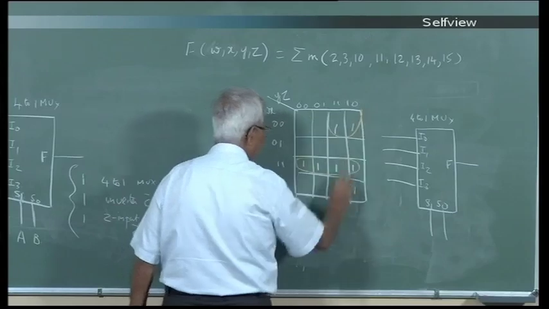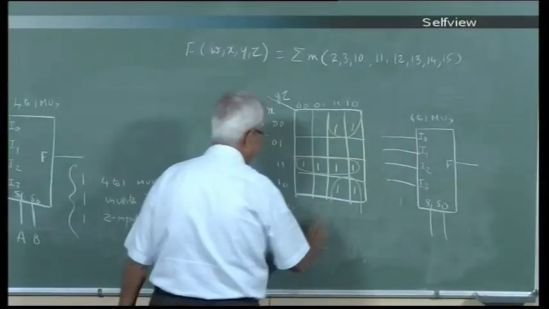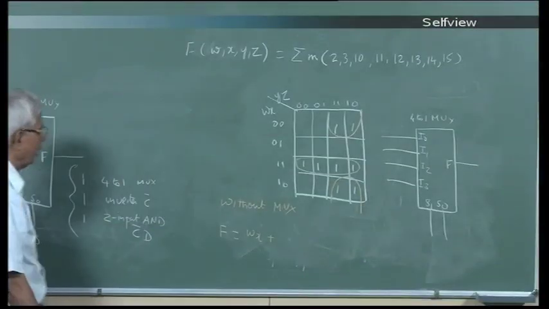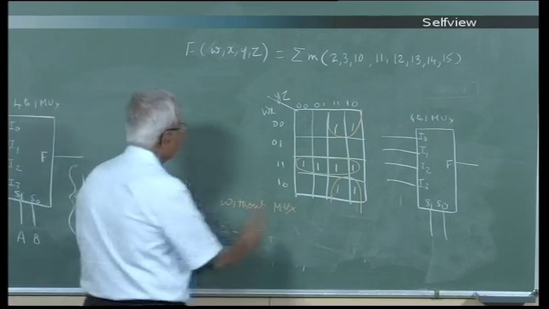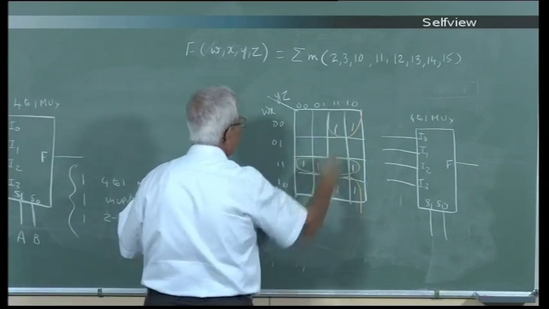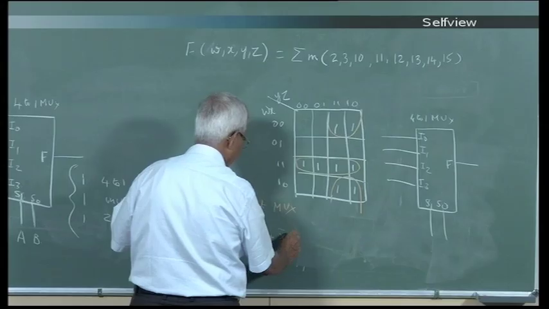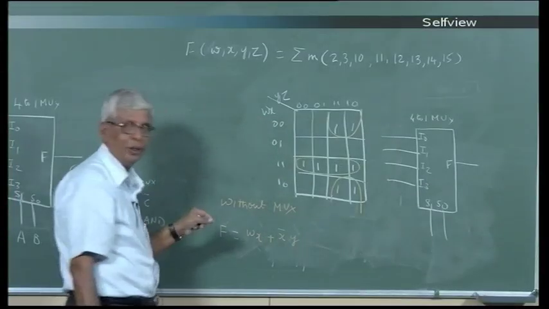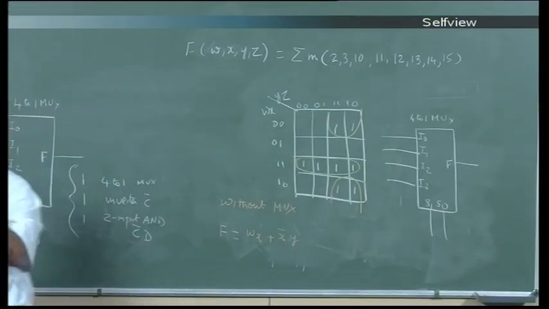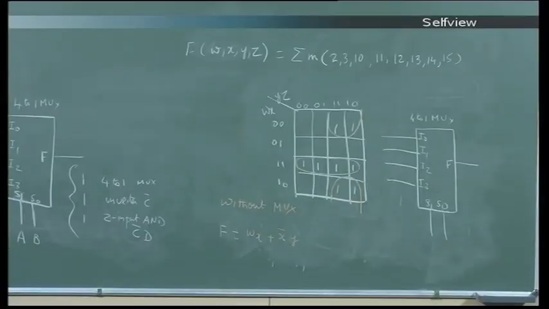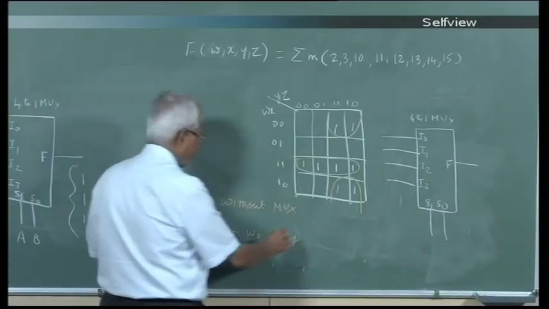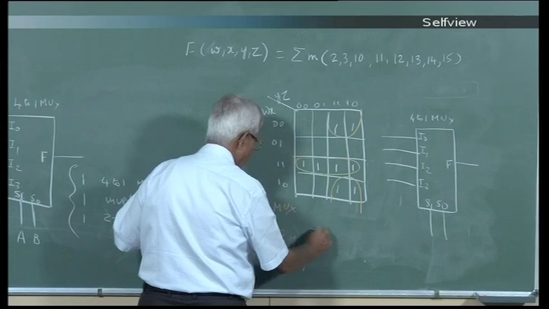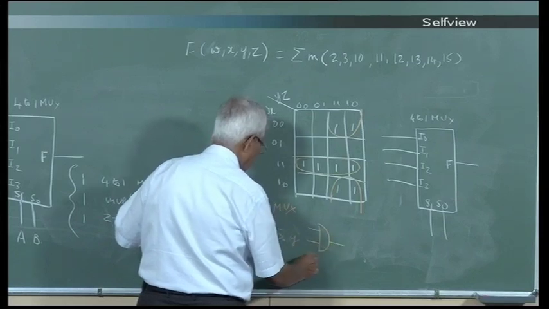These 4 would be x bar y. Very simple. So it is not always that a multiplexer gives you the simplest possible solution. I just took this example to show you that without a multiplexer I have only this Wx and x bar y.